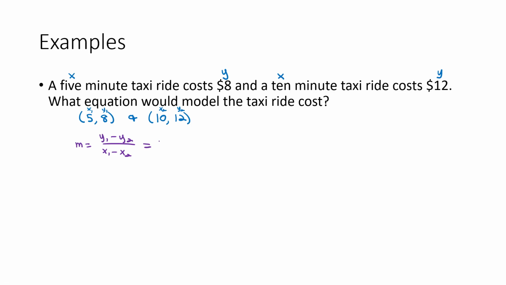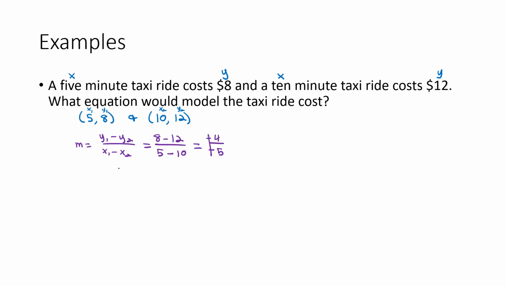So let's plug this in. y1 is 8 minus y2 is 12 over x1 is 5 minus x2 is 10. 8 minus 12 is negative 4. 5 minus 10 is negative 5. 2 negatives make a positive. So the slope is 4/5.